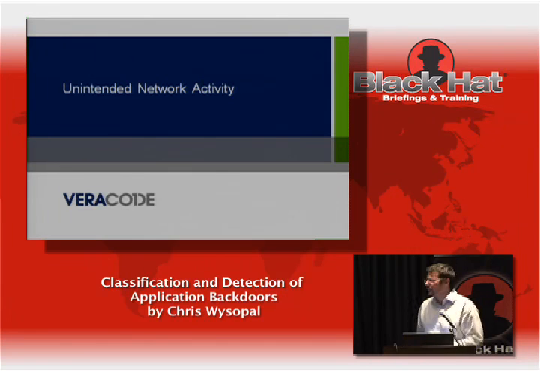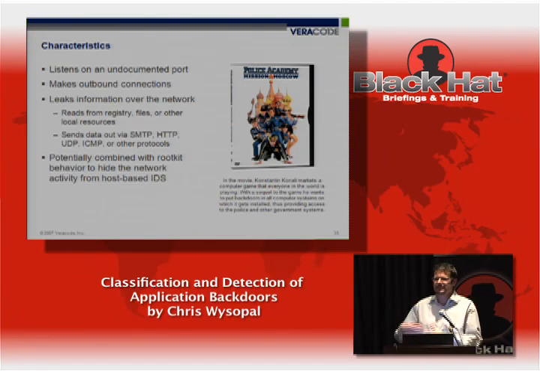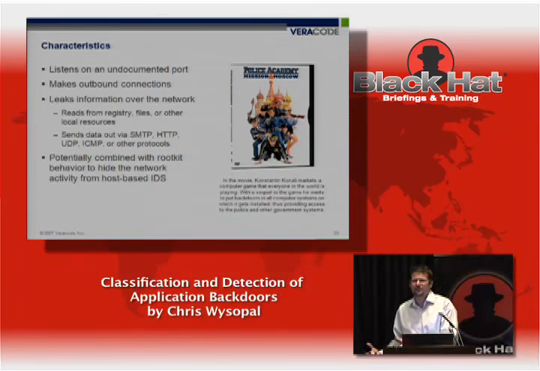So unintended network activity is a third category that we found several instances of. In the movie Police Academy, there was an instance of this where this guy created a popular computer game that he knew would get installed onto very secure networks, which he normally wouldn't have any kind of access to.